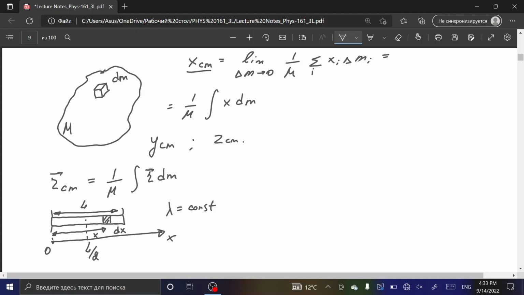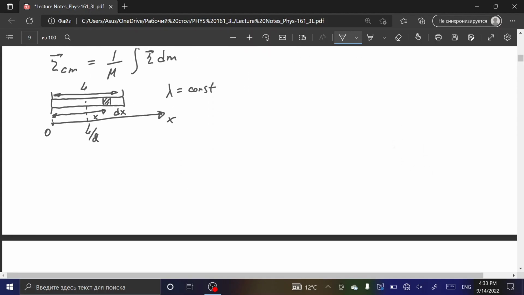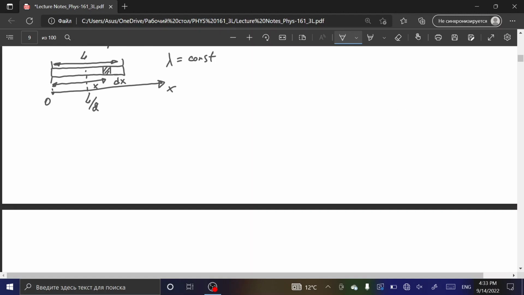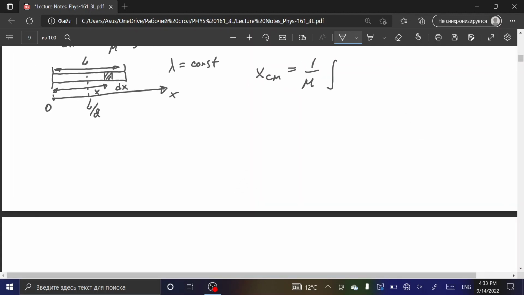It will be 1 over capital M integral of x dm. Let us write it here. So x center of mass will be equal to 1 over capital M integral of x dm.